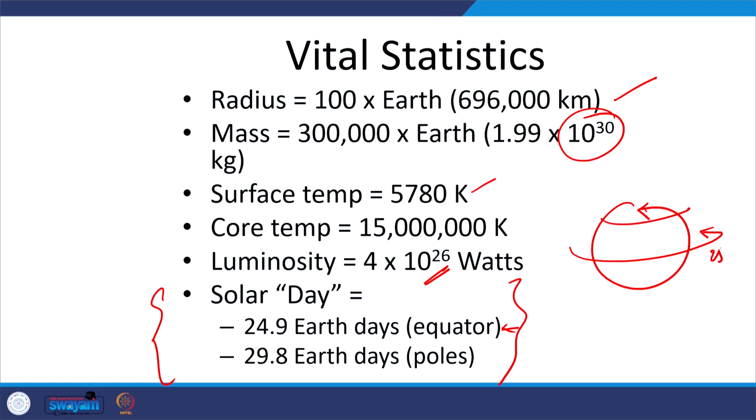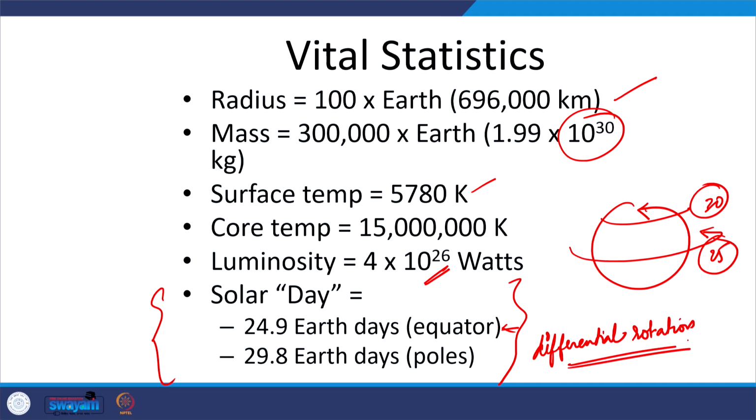So this is 25 and this is 30 days. This idea is called differential rotation, where different longitudes are completing 2 pi angular displacement in different times. Okay, so the angular velocity is different, right?